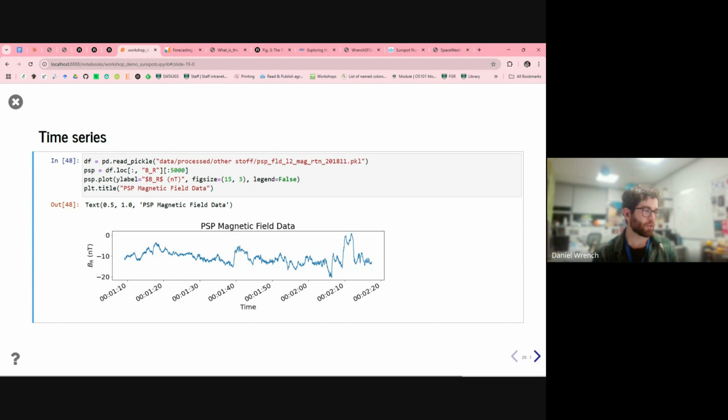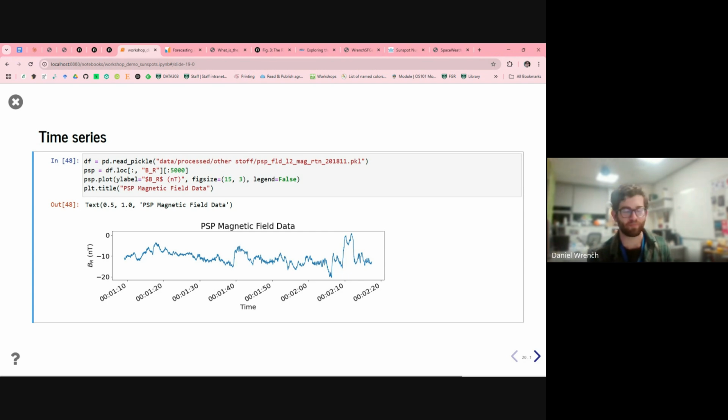Here's magnetic field data from much closer to the sun. I've got the radial component there. Does anyone notice anything, or how would you describe that data set? We're thinking about trend, periodicity, and noise.